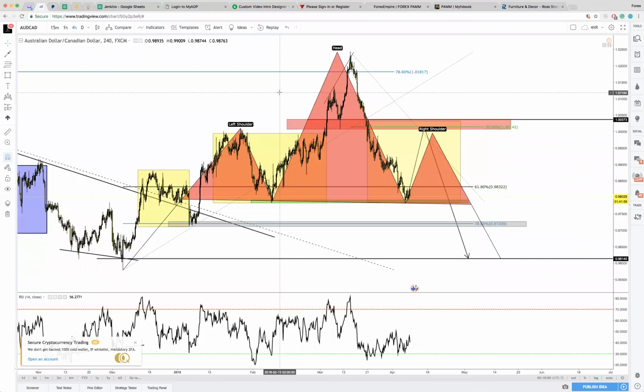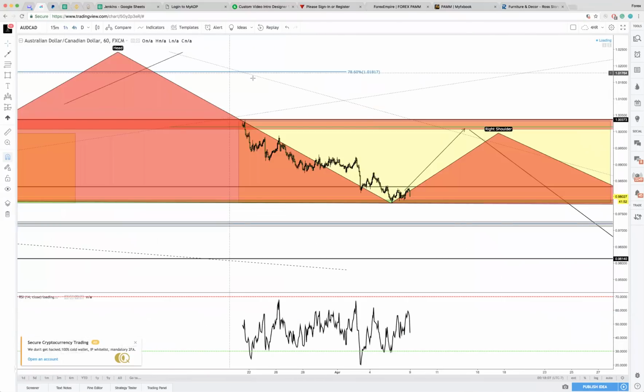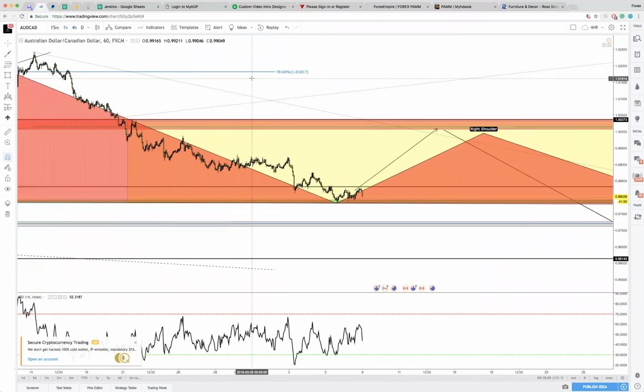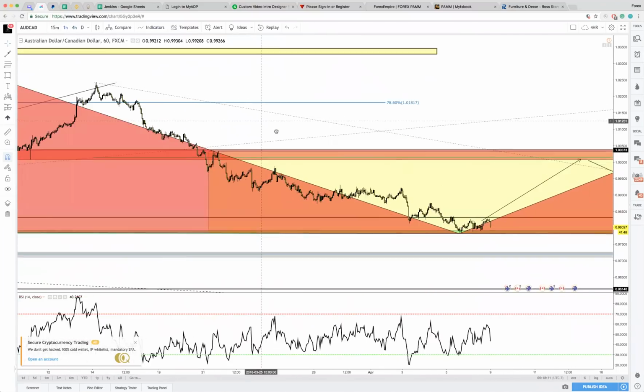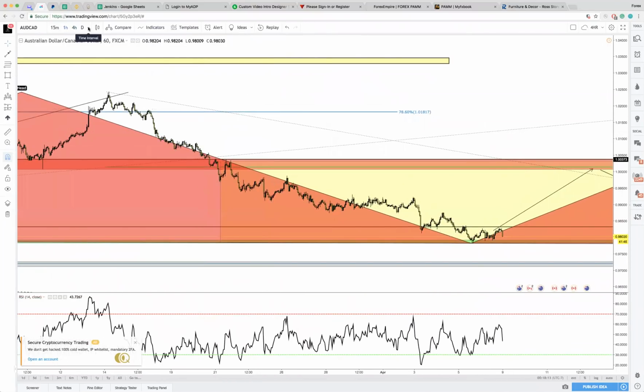Yep, it is a bullish movement. Probably on a smaller time frame, we might find something.